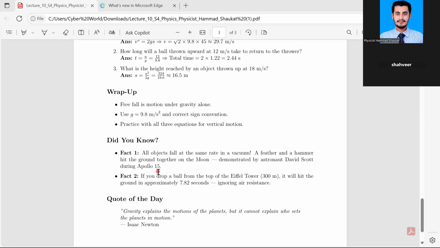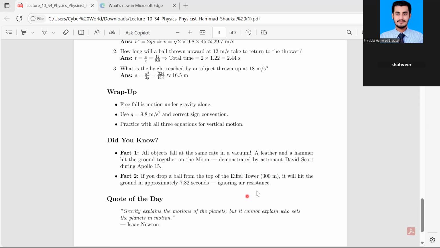And the second fact is that if you drop a ball from the top of the Eiffel Tower, and the height of the Eiffel Tower is 300 meters, it will hit the ground in approximately 7.82 seconds if you ignore the air resistance.